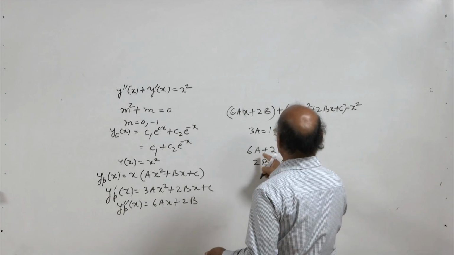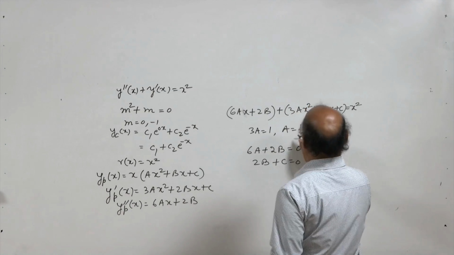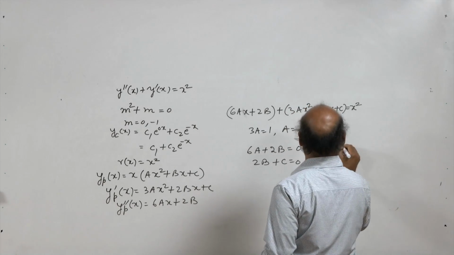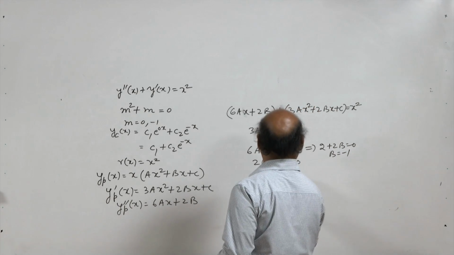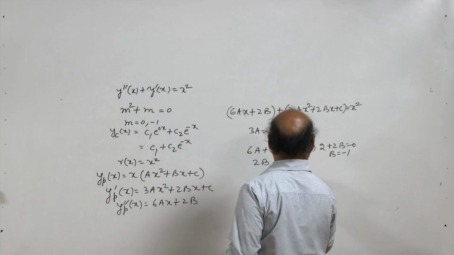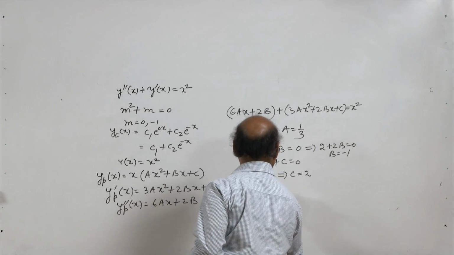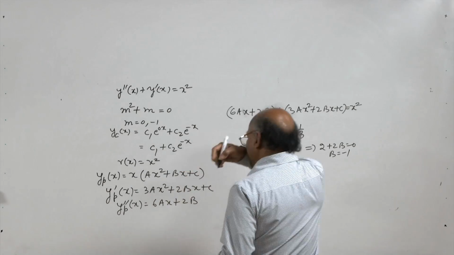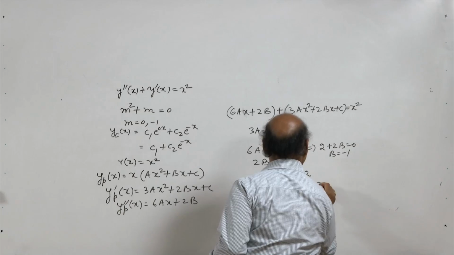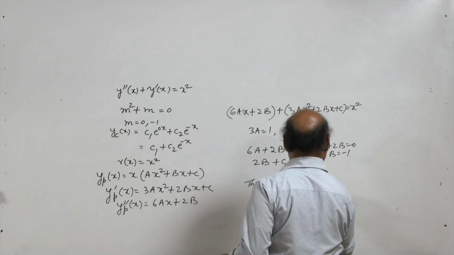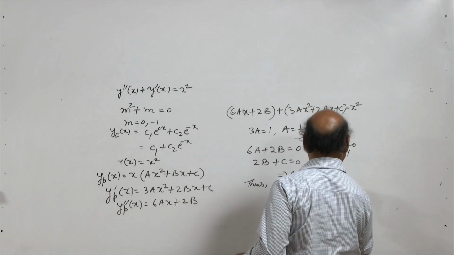So substituting a equal to 1 by 3 here, 6a equal to 2, 2 plus 2b equal to 0, which will give you b equal to minus 1, and b equal to minus 1 then gives you c equal to 2. So thus yp(x) is equal to a x cube, a is equal to 1 by 3, so 1 by 3 x cube, and then bx square means minus x square, and then we have cx, so 2x.